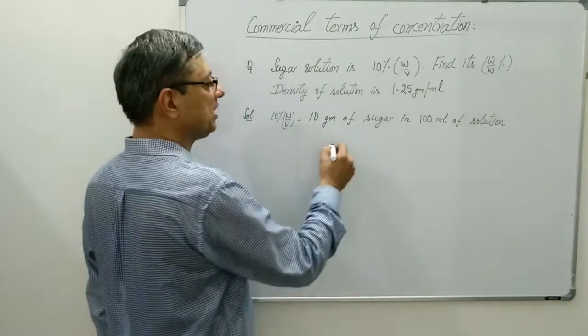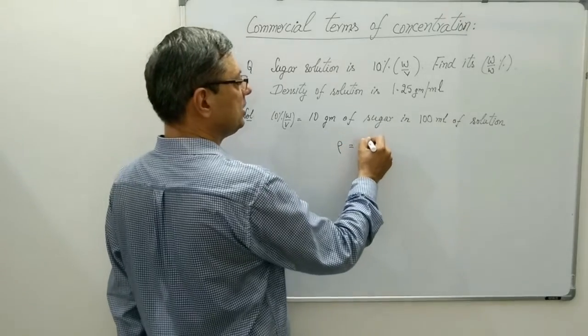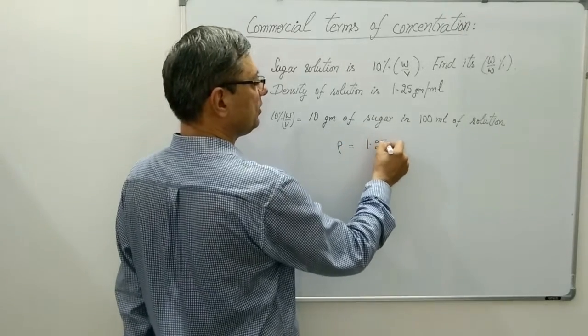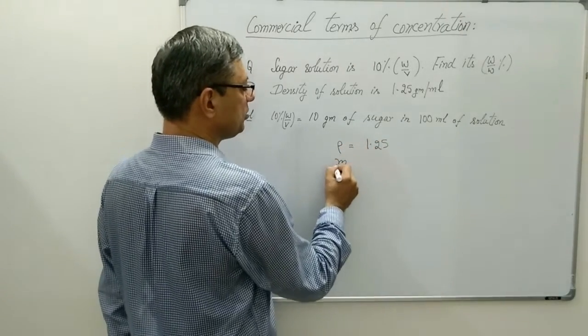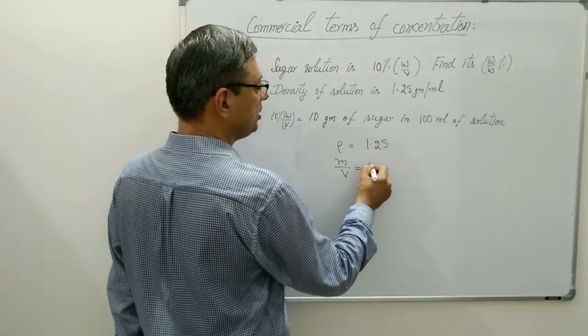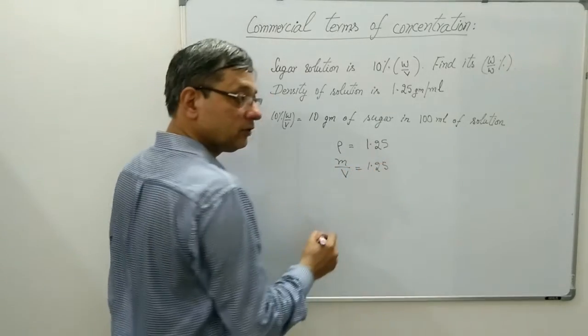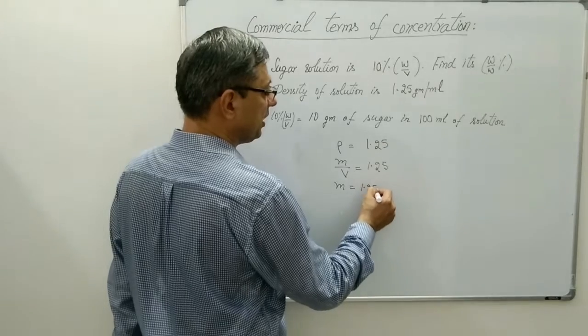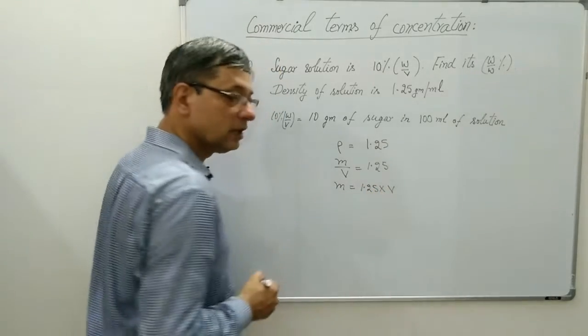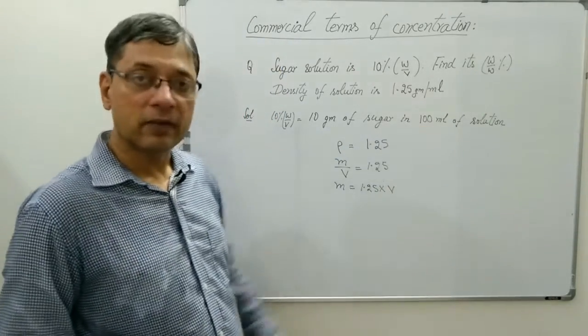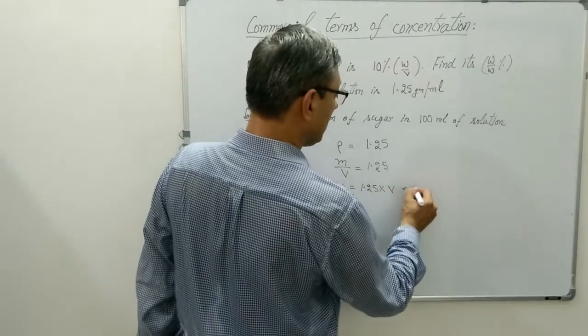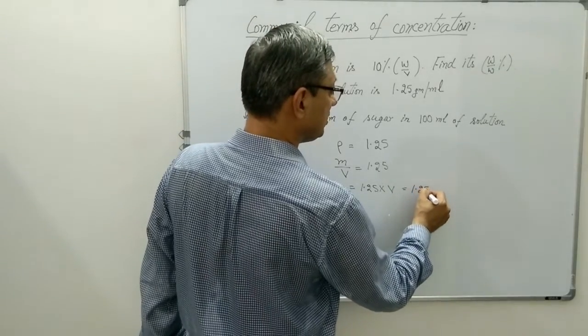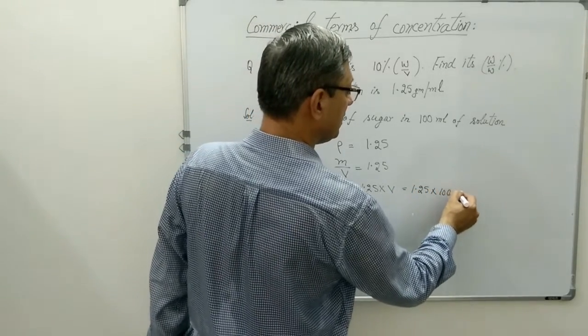Density is mass of solution upon volume of solution, that will be equal to 1.25. Means mass of solution will be equal to 1.25 into volume of solution. Now the volume of solution we know, 100 ml. Therefore, mass of solution will be 1.25 multiplied by 100.